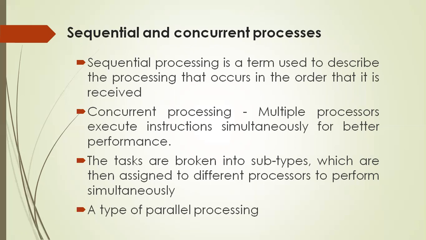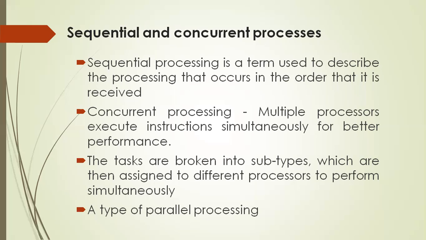The first processor starts executing process P1, the second processor starts executing process P2, and the third processor starts executing process P3. So within 30 milliseconds only, you can complete all three processes. Hence, the performance is better in concurrent processing.